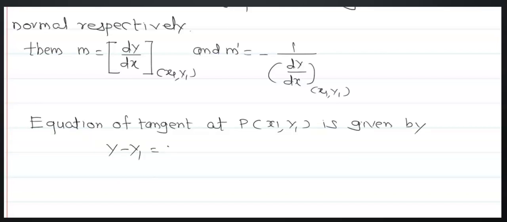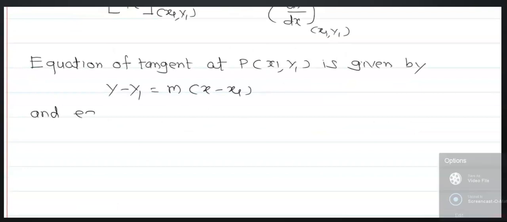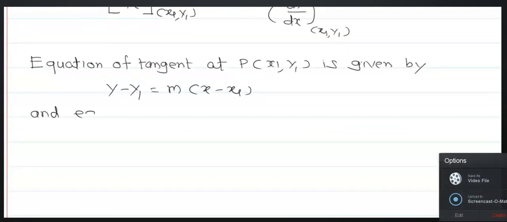Now the equation of the tangent is nothing but the equation of a line with the help of the slope point form. It means that the slope is m and the point is x1, y1. This is the equation of the line in slope point form, and that line is a tangent to the given curve at the point x1, y1, and its equation is y minus y1 equals m in bracket x minus x1.